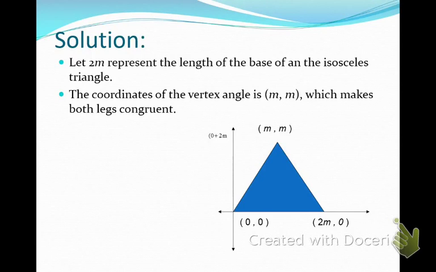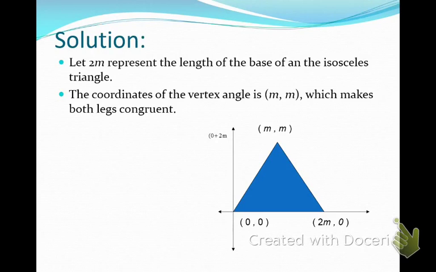So this is an isosceles triangle. We have 0, 0 at this point. We put this side along the x-axis, and we said its length is 2m. If that's isosceles, we know this point's halfway between 0 and 2m, so it would just be m.